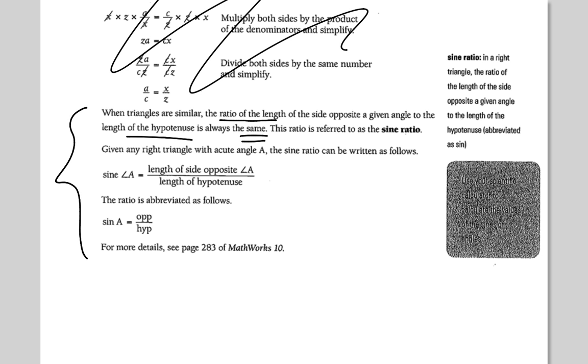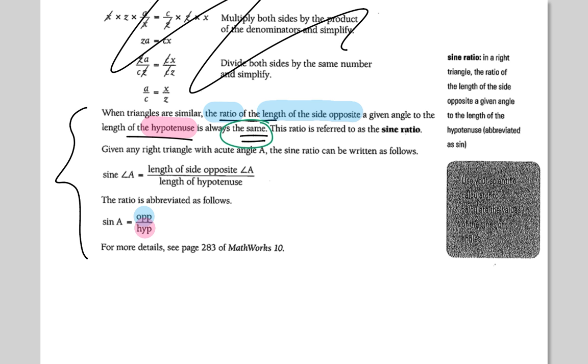Okay, so I'm going to say that one more time. The ratio of the length of the side opposite, so opposite, to the length of the hypotenuse is always the same.